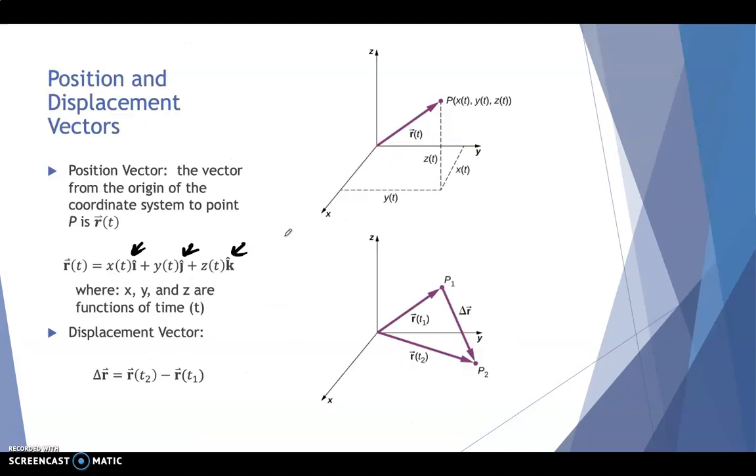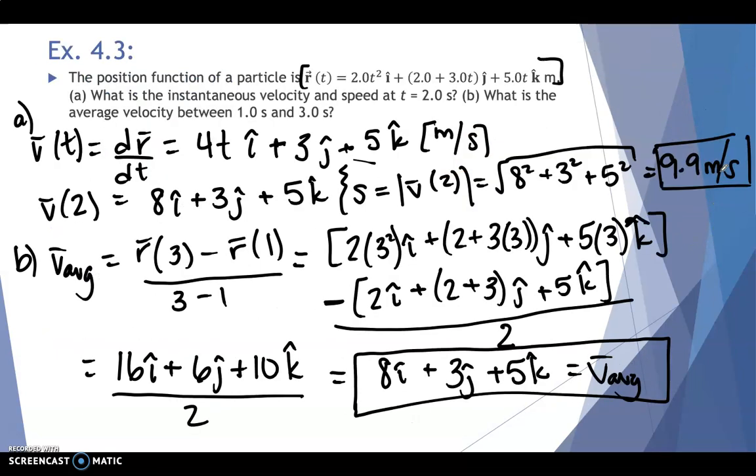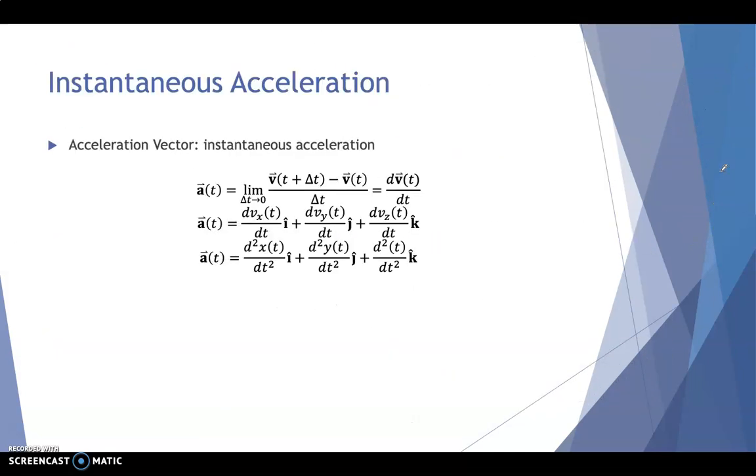So we had this one here where we had the satellite in a circular orbit. We had a motion in the y direction and in the x direction, like in R2 here. So we treat them separately and kind of put them together. And that's what we'll be looking at here soon.